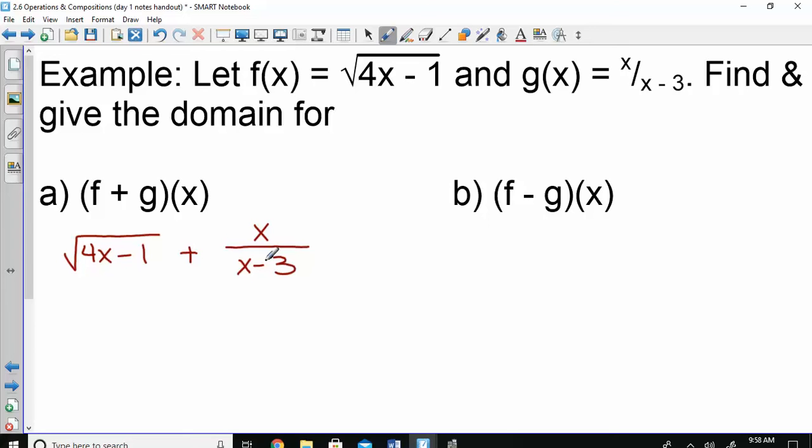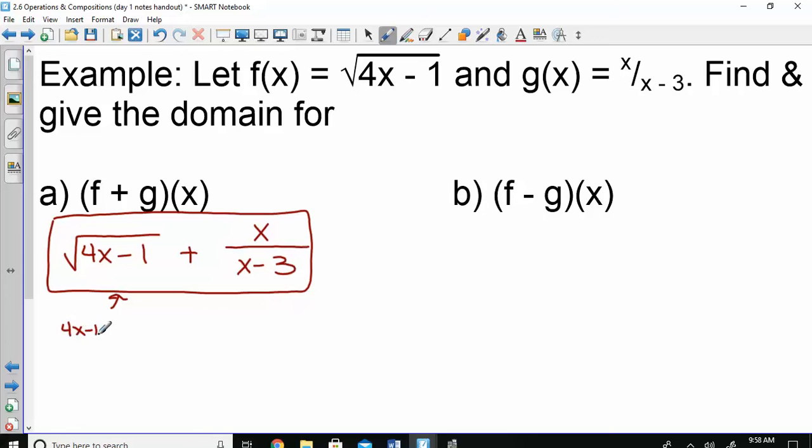Now, the domain part is what we were doing yesterday. So I have two things. I have a square root. If you have a square root, you take the thing under the radical greater than or equal to 0. So x has to be greater than or equal to 1/4. If you have a fraction, you know that the denominator cannot be 0.